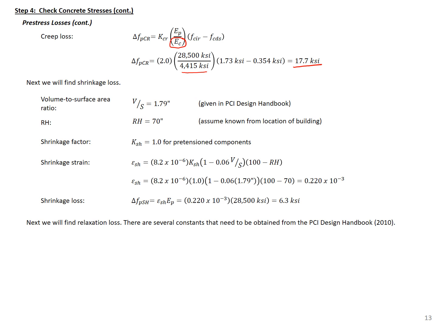We can next find the shrinkage loss. The shrinkage in our concrete member is going to be dependent on a couple of things. The 2 primary ones are the volume to surface area ratio, so how easy is it for the water to get out? How far does the water need to travel to get from the inside of a member to the environment?